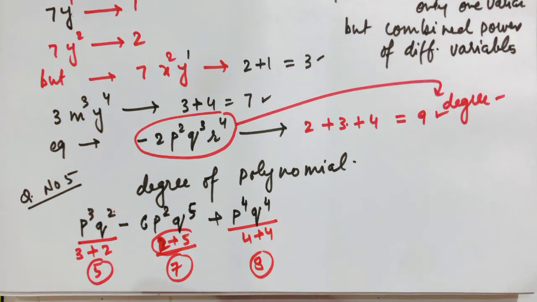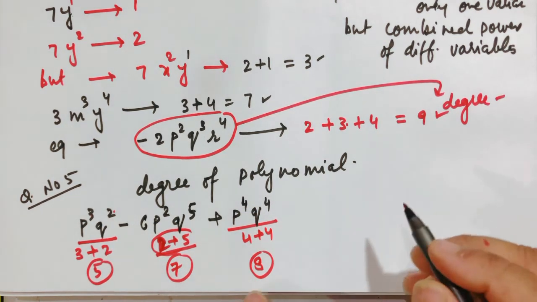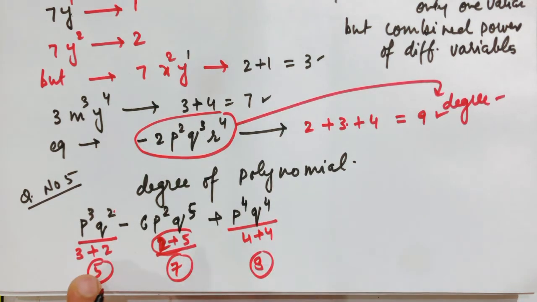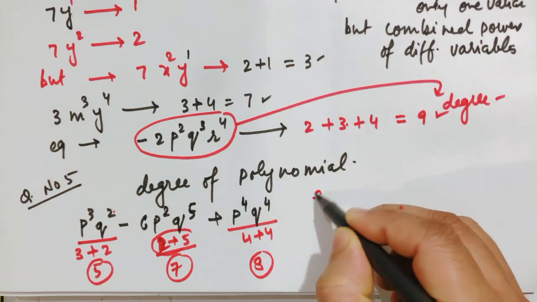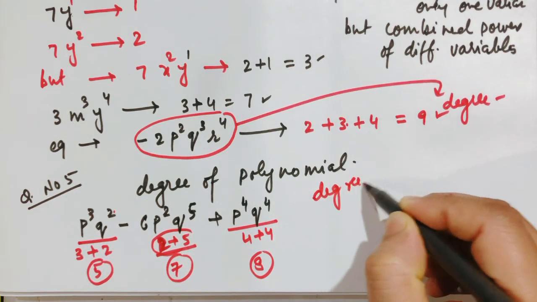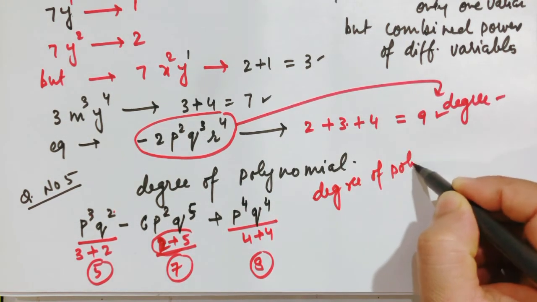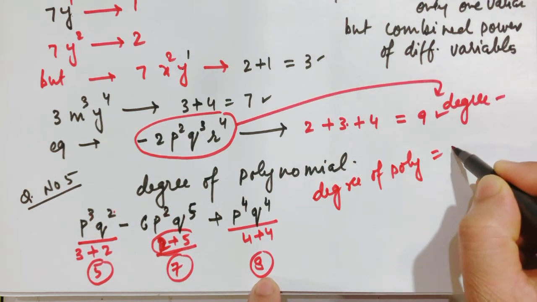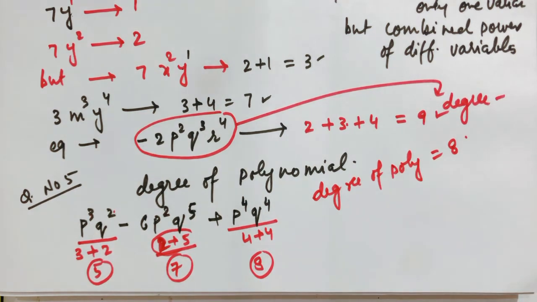So the degree of this term is 5, this term is 7, and this term is 8, but the maximum among 5, 7 and 8 is 8. So we'll say that the degree of this polynomial is equal to 8. So what did you understand?